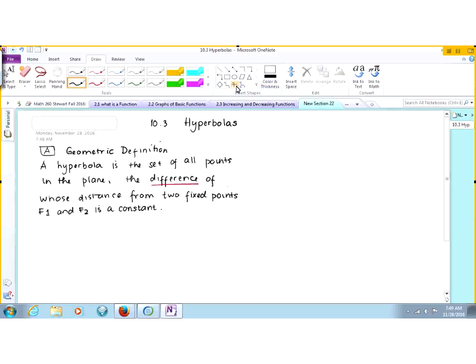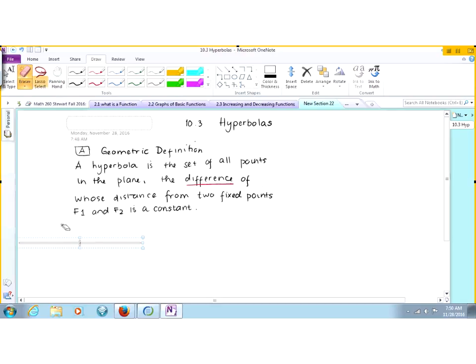If I draw a hyperbola, it will probably look something like this.